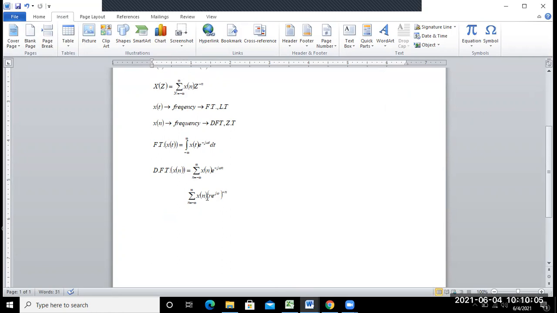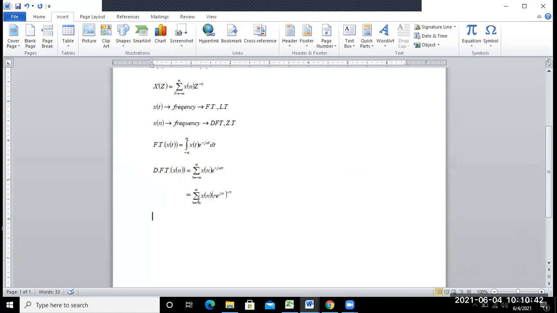If you compare this equation and this equation, we get the value of z equal to r e to the power j omega.